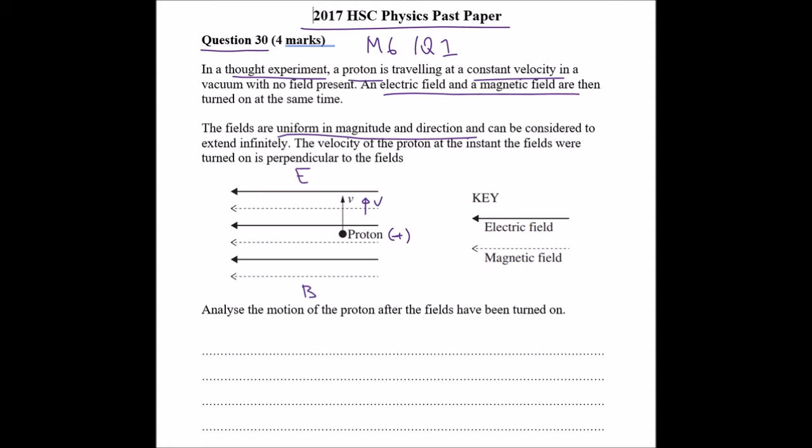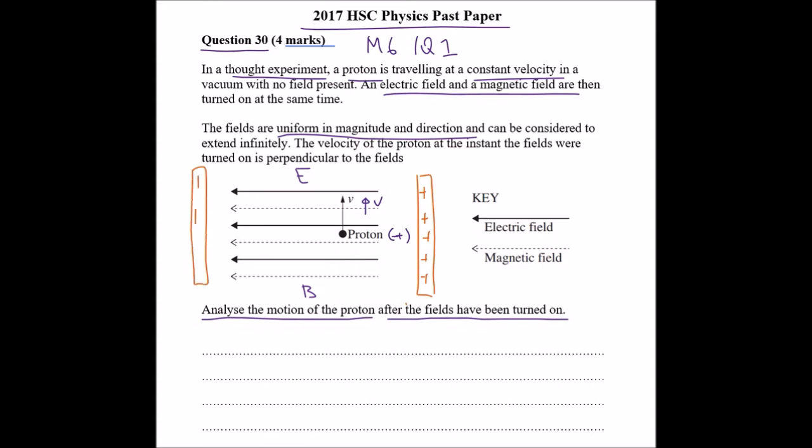Okay. So the question we have here says, analyze the motion of the proton after the fields have been turned on. So let's have a look at some of the things to look out for. If we're looking at the motion, we can look at which direction the proton's moving. The electric field always goes from positive to negative. So there's my electric field.